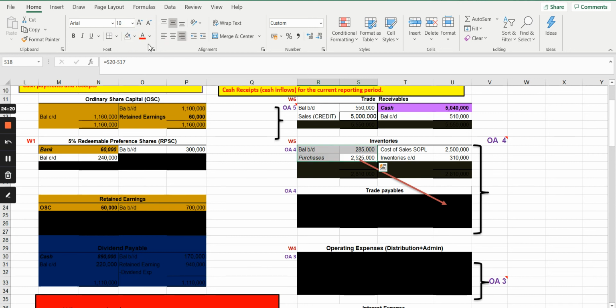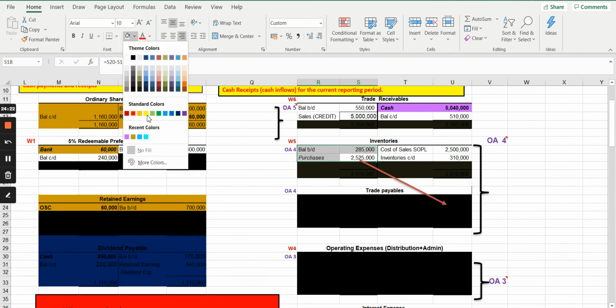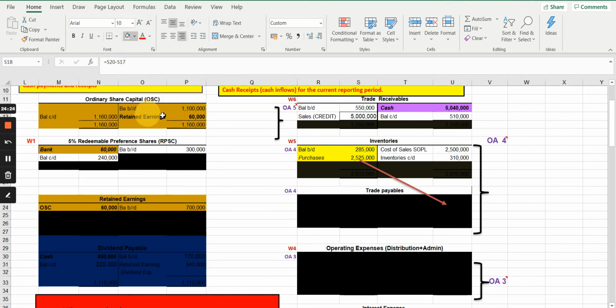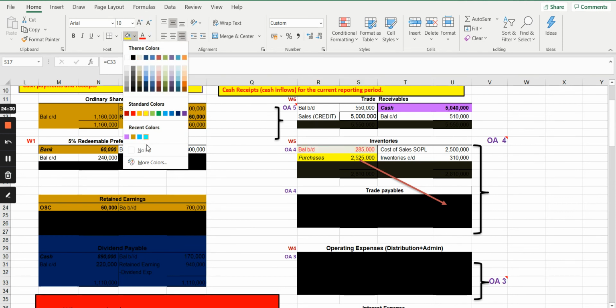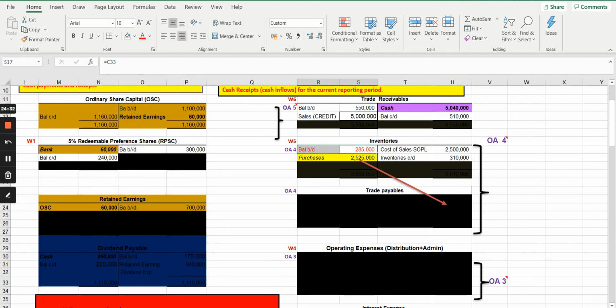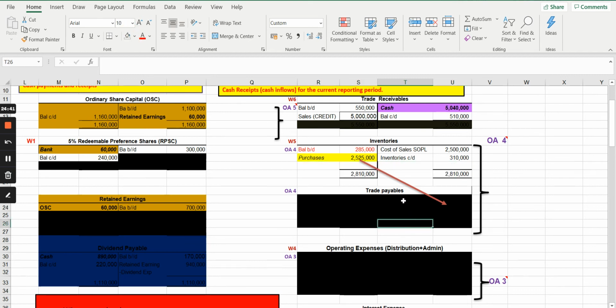So I'm going to put some color for purchase to differentiate. I'm using yellow to show you the purchase. And that purchase, right, is given in the inventories account when you have the balancing figure, right? And now you put that in your trade payable.